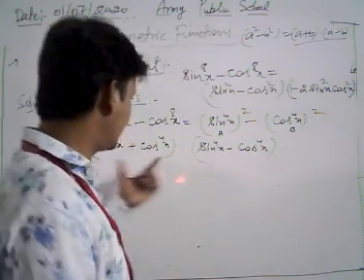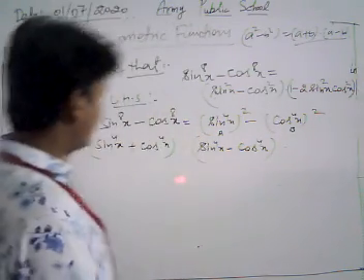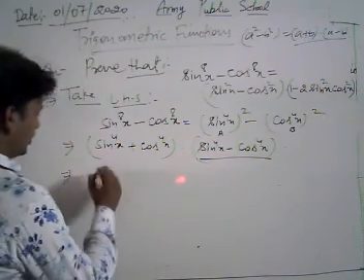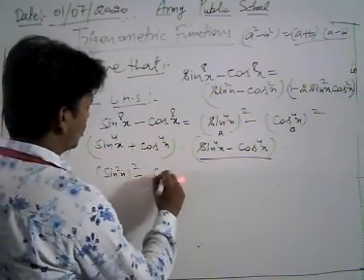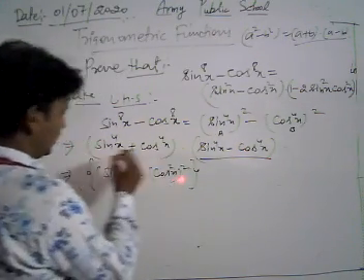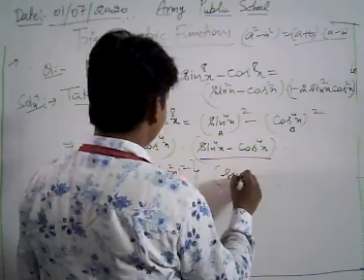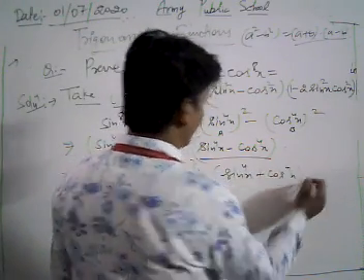Now here we also write in this form: sin square whole square minus cos square whole square. And here we write it as it is, sin to the power 4x plus cos to the power 4x.